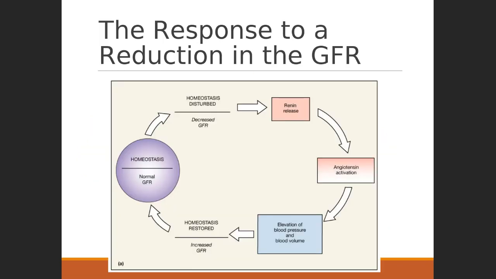So we have to picture this as a negative feedback loop, right? If GFR is decreased, we release renin, angiotensin activation, increase blood volume, raising the blood pressure, and we normalize GFR once again.